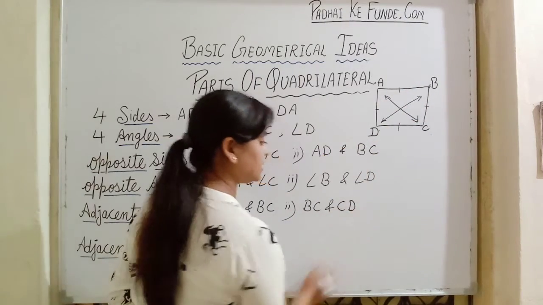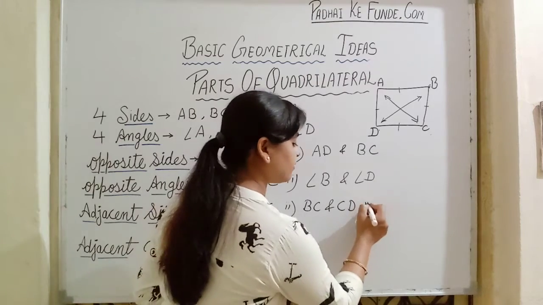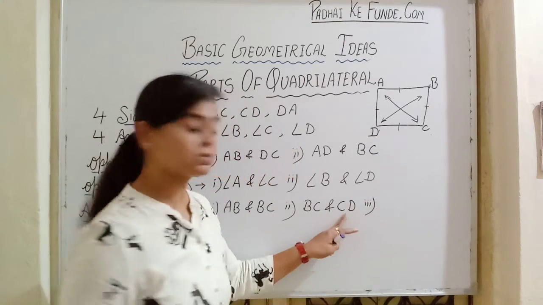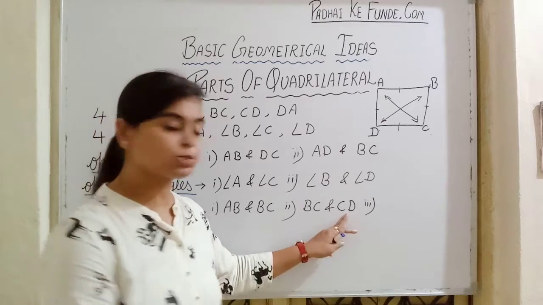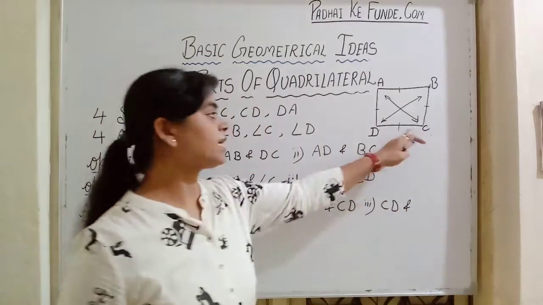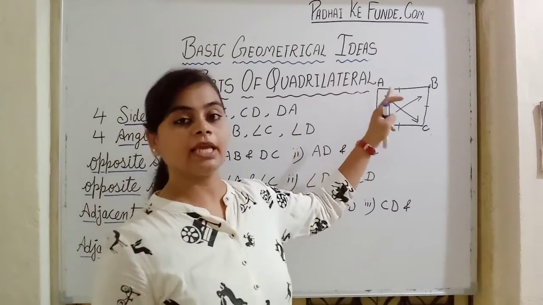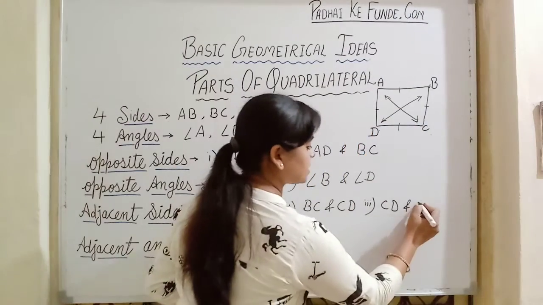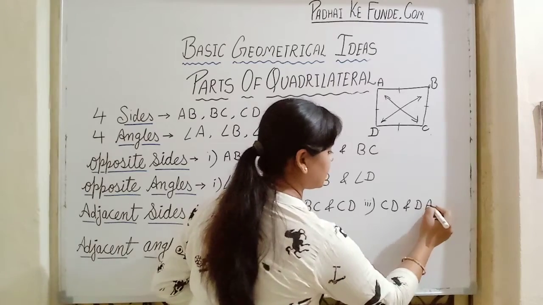So BC and CD. Now again I will start my third pair from CD where I finished my second pair. That is CD and next to CD we have DA. So CD and DA.